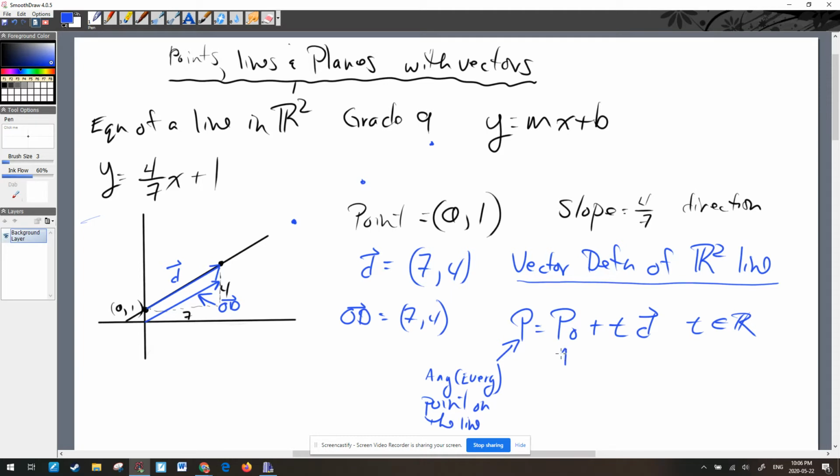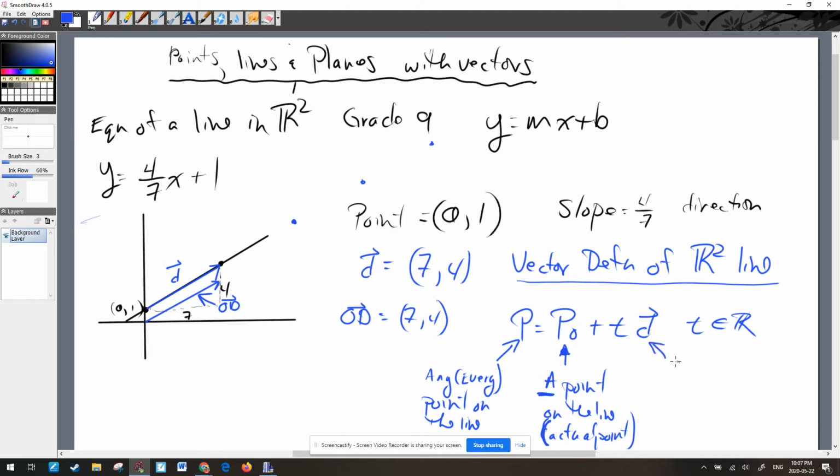And P naught is a point on the line. So this is an actual point on the line, right? Looks like an actual point on the line.